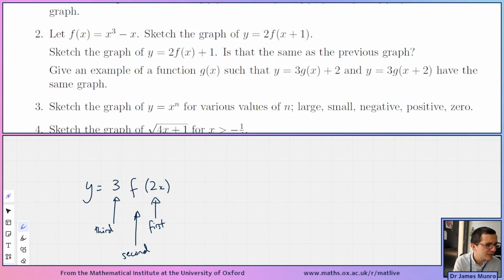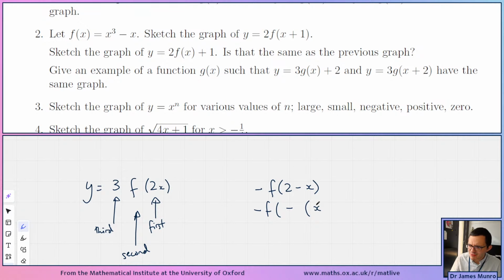Yes. So the user whose name is Neat says f of 2 minus x. What is the order of transformation for the transformation affecting x? Yeah, good question. So can you build this by using the things at the end of the revision notes? Let's do some algebra first.